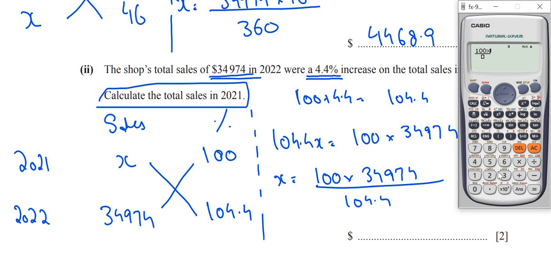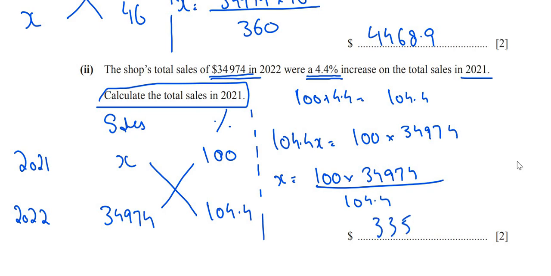So you get 33,500 as your answer. So the total value of sales in 2021 was 33,500. So that's how you guys can easily gain marks.